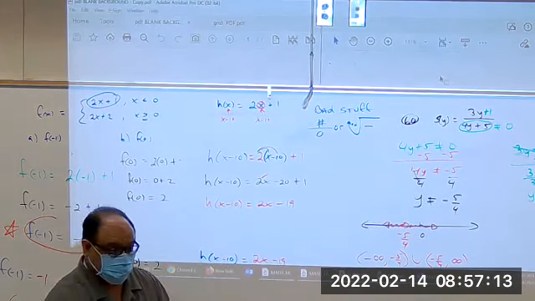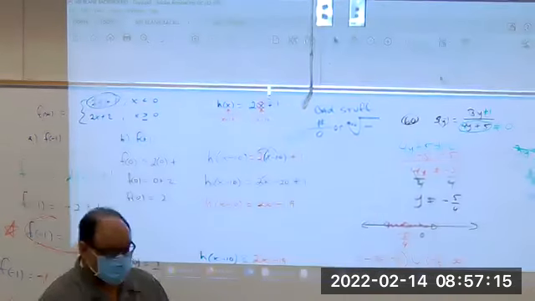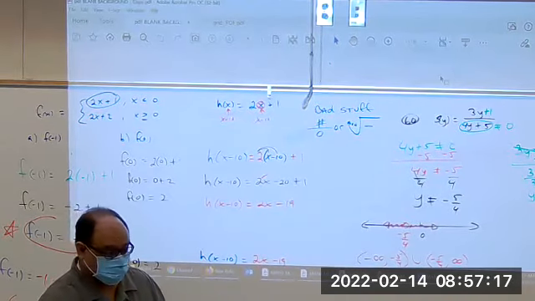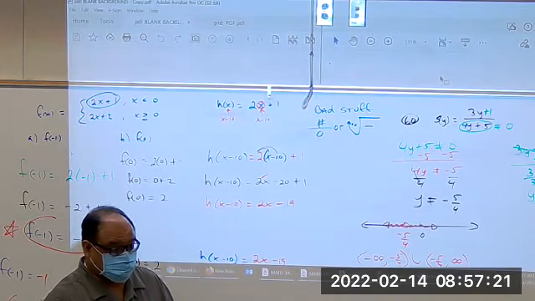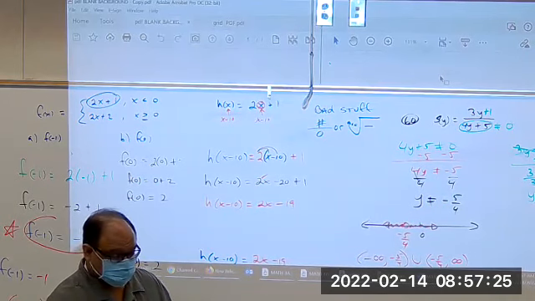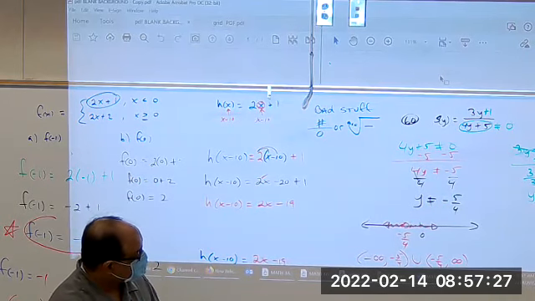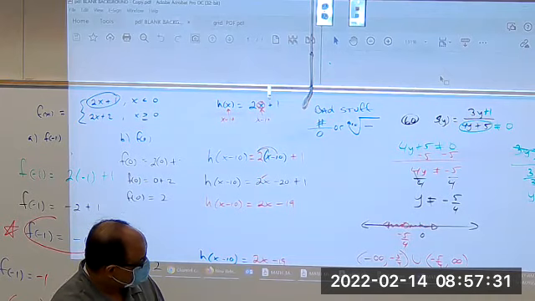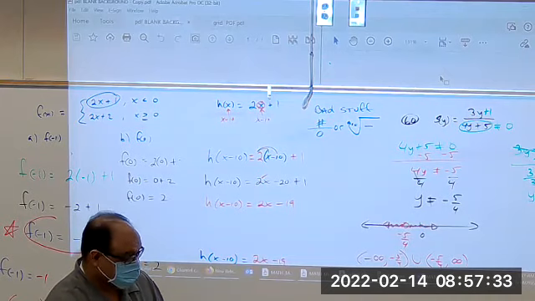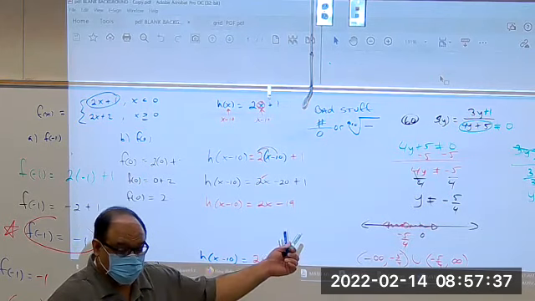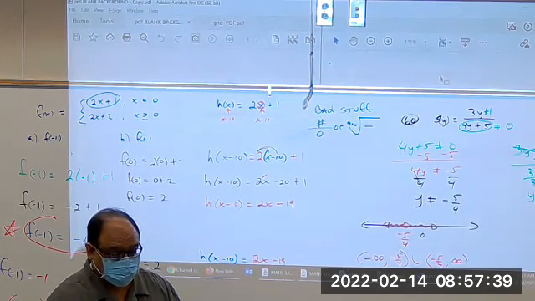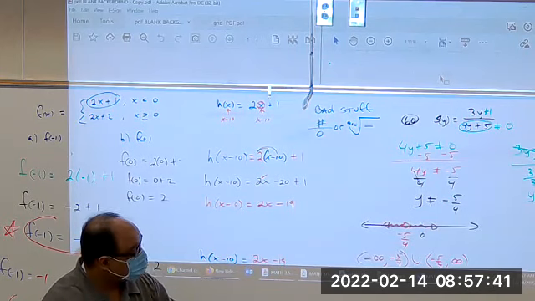If you notice, I use fractions, not decimals, because the directions are going to say no decimals unless told to use decimals. Okay. Denominators can't be 0. Even roots can't have a negative inside. Those are your concerns on domain.